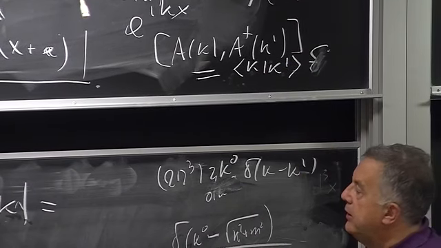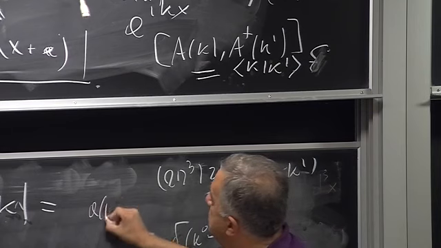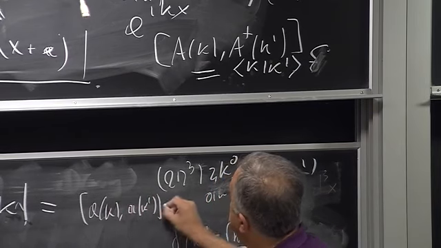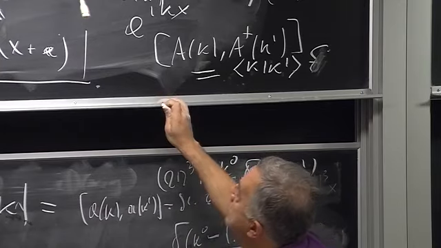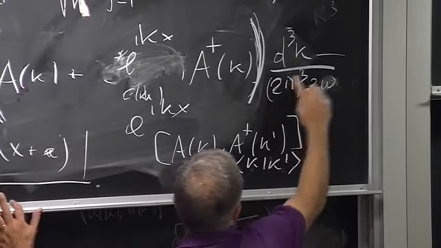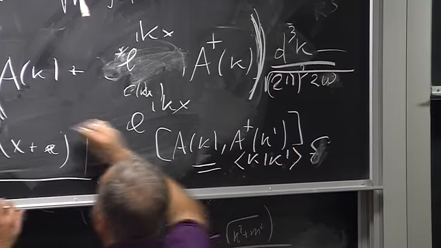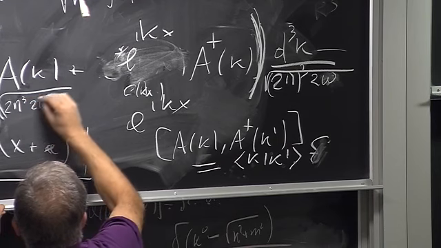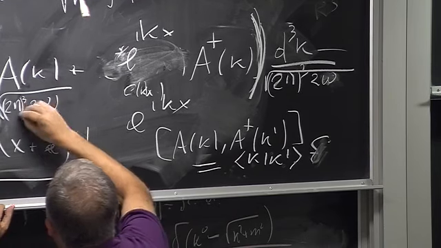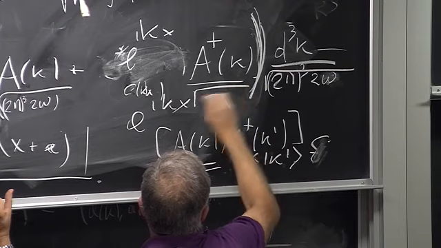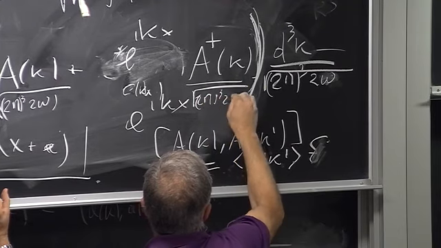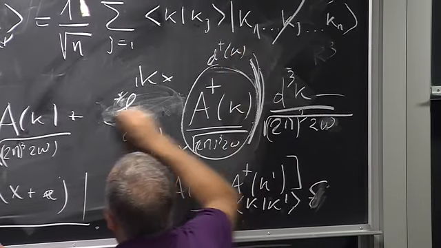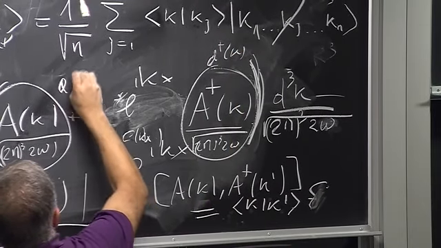If you want creation and annihilation operators that satisfy standard commutation relation, just a delta here, you have to divide here by the square root of this. So you put a square root here and a square root here. So you get the same expression. And you call all this object a, and all this object a dagger.